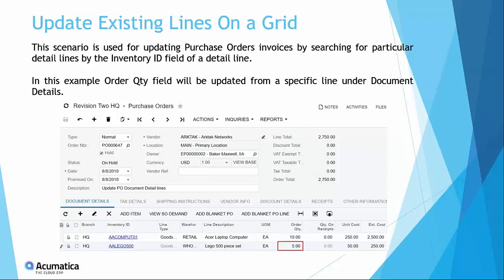Using the add notation, which is creating a custom key field, it will be shown in the next slides, we will indicate the system the specific line that we need to update. So instead of adding a new line, we will just select the line and update the value that we need.